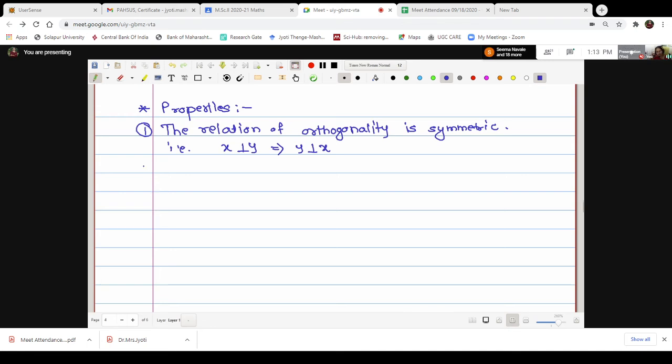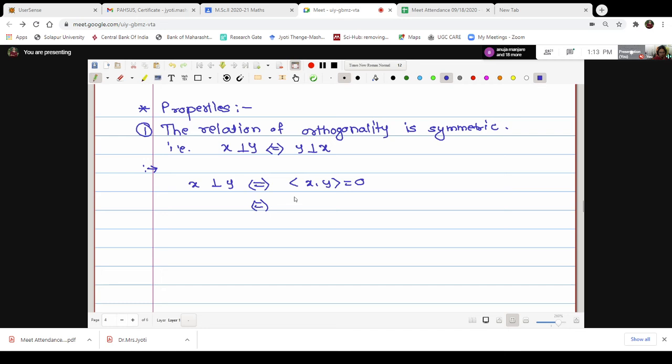Let us prove it for orthogonality also. X is orthogonal to y if and only if, according to the definition, inner product of x with y is 0. Our aim is to prove y is orthogonal to x, therefore I want to take y first, x later.